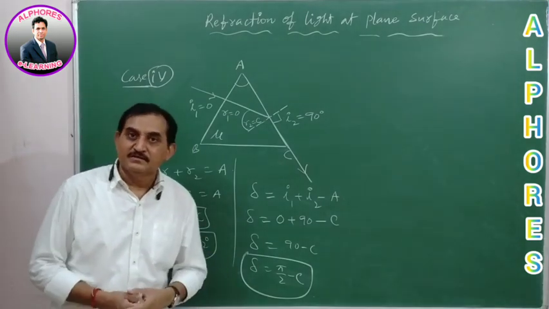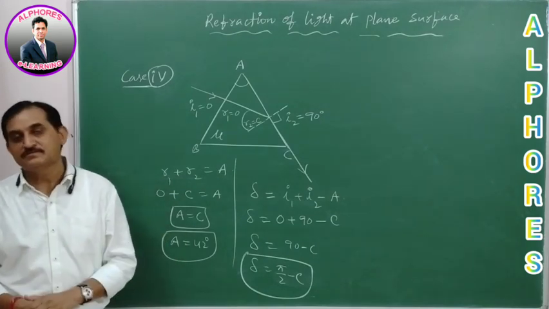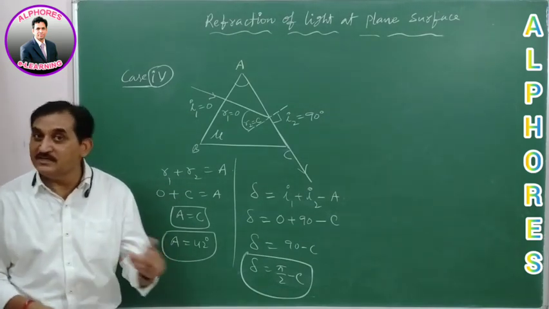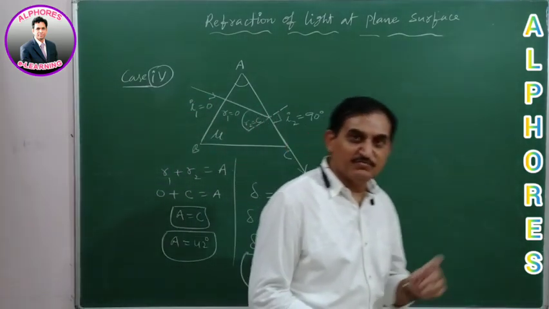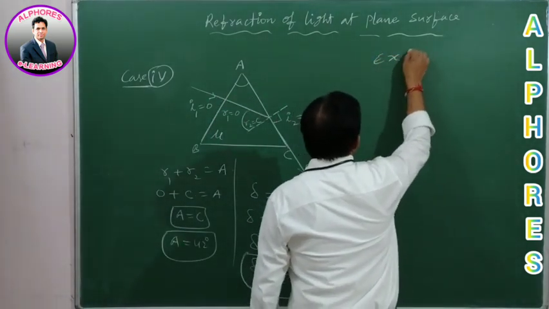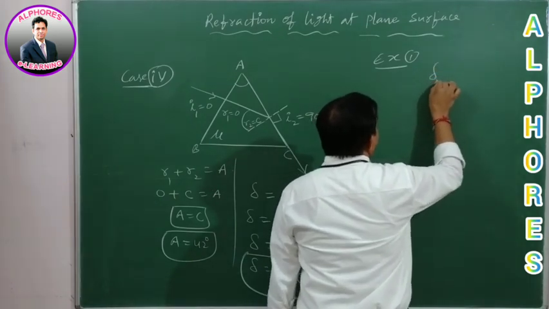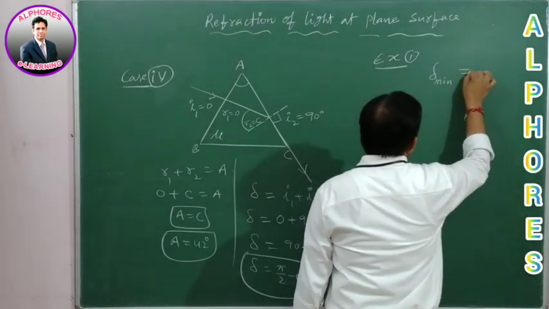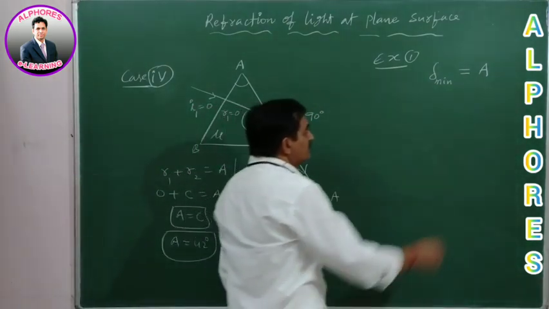Whenever the minimum deviation suffered by the light by a prism is equal to its refracting angle, what will be the refractive index of the material? That is example 1. Given condition: angle of minimum deviation is equal to the refracting angle, that is, the angle of prism.